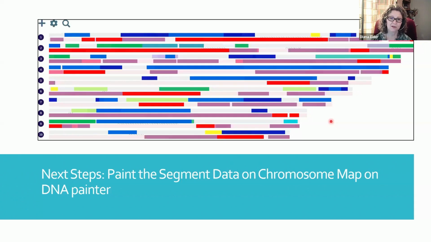And so what I would do, I would take that data and I could paint that onto his map. So we always want to make sure our chromosome map is for one person, for the key test taker, and see who all shares. But I can also look at that segment data and see if it overlaps with me on that chromosome 11 and how close it is to any hypotheses I have.